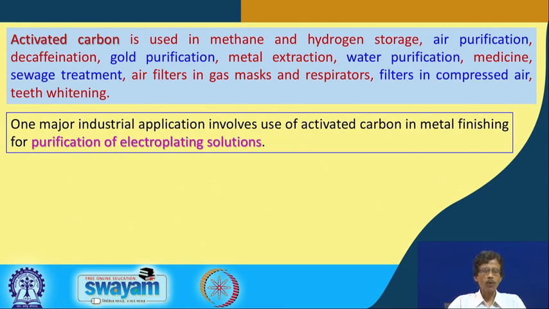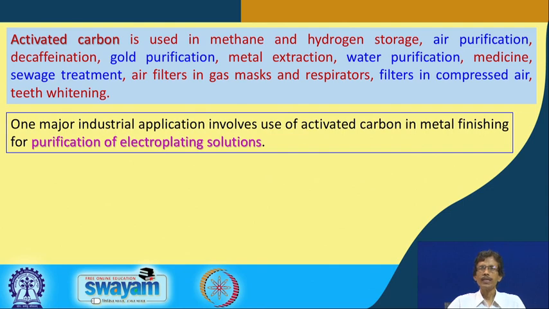Then one most important industrial application involves the use of activated carbon in metal finishing. That means in an electroplating process, there is purification of the electroplating solution. Suppose we want to deposit nickel plating, gold plating, or silver plating.